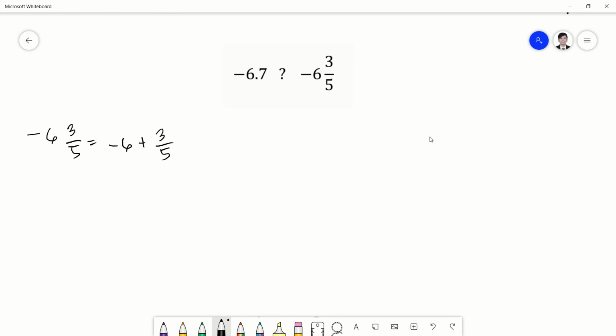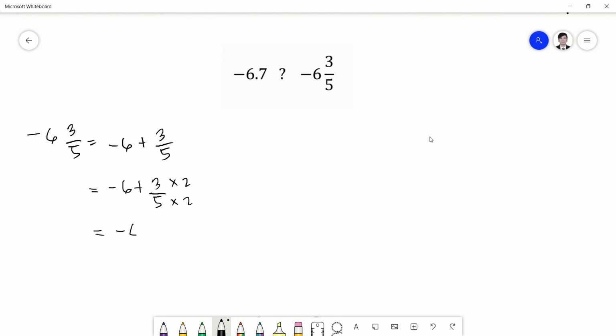Now, there's no such thing as a fifths place. So either we make it into a multiple of 10 or use long division. In our case here, we can multiply 5 by 2, and whatever you do in the denominator, do the same thing on the numerator.